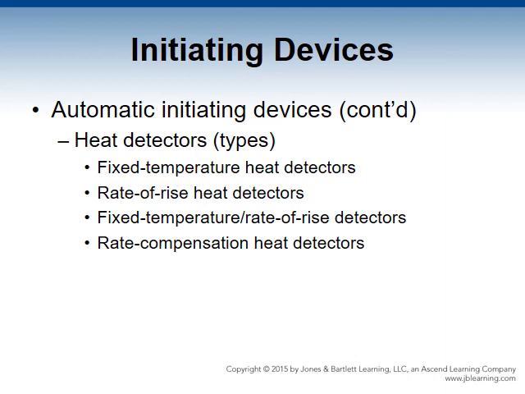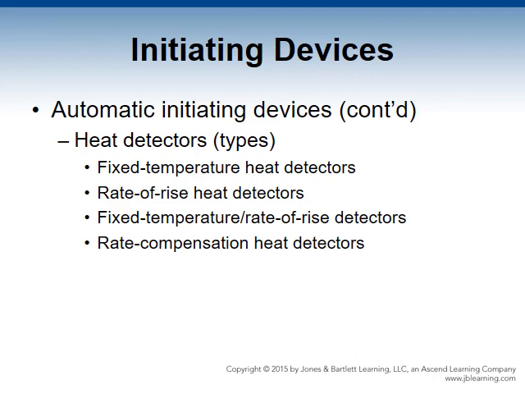Fixed temperature heat detectors operate when a sensing element within the detector reaches a predetermined level. Some use fusible links, sensing elements that melt when the predetermined temperature is met. Often used is a bimetallic sensing element, which closes when exposed to increasing temperature, sending a signal to the fire alarm panel.